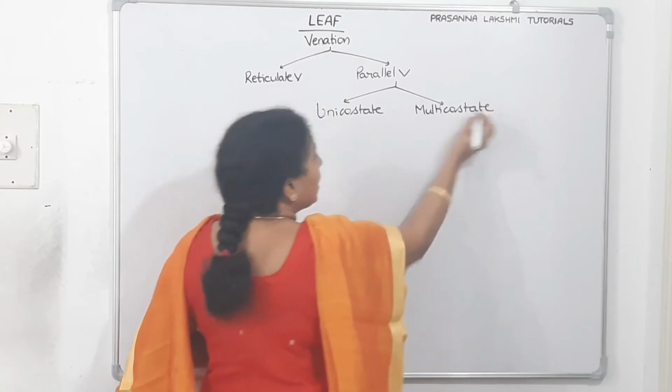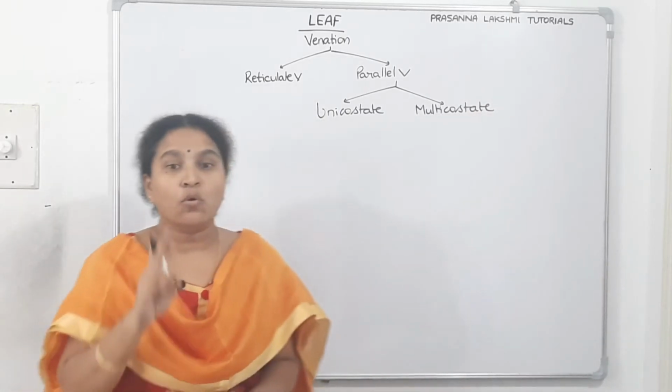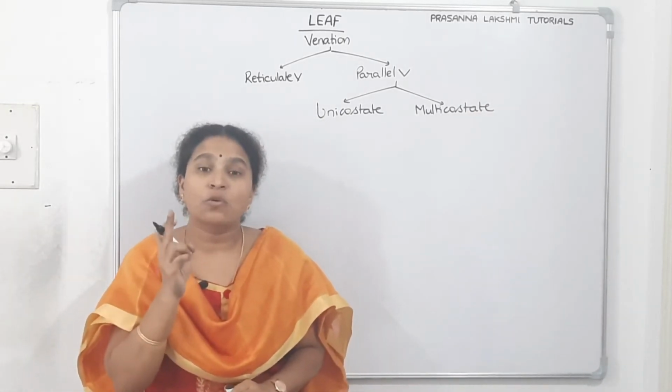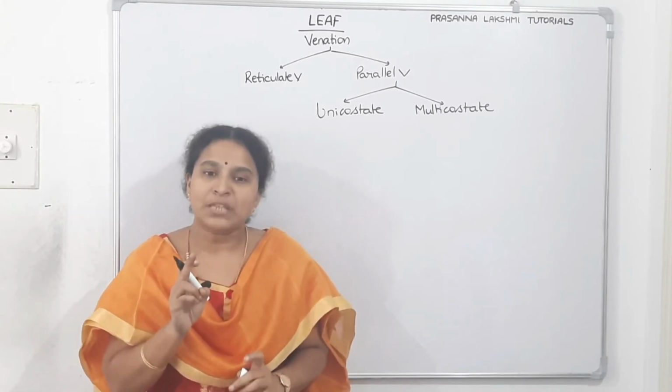So in unicostate, there is only one midrib. The leaf has only one midvein which forms lateral veins.